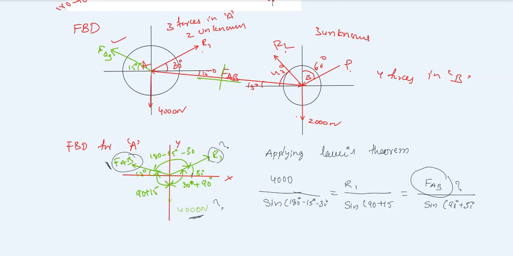So FAB is equal to 4000 divided by sine 180 minus 15 minus 30, into sine 90 plus 30.